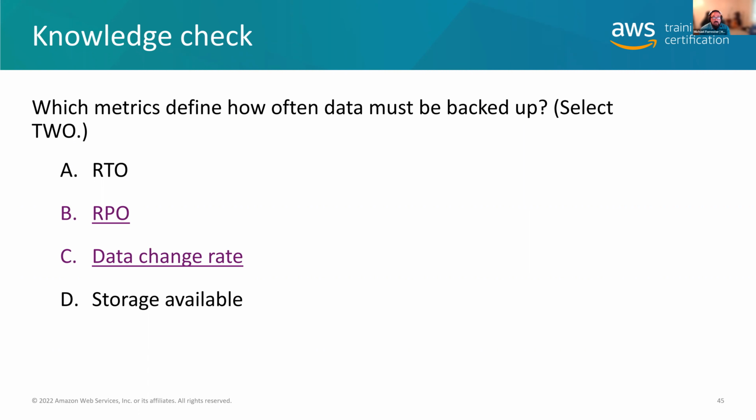RTO has more to do with service restoration, right? Not to do with backups as much. But if your data never changes, then you don't have to back it up, right? You can back it up once, right? So the data change rate actually is the other variable. I know they kind of tricked you because we've been talking about RTOs and RPOs, right?